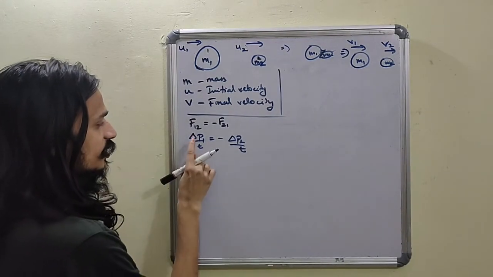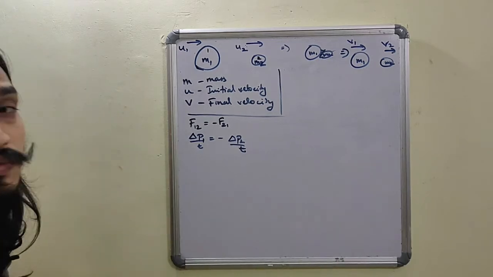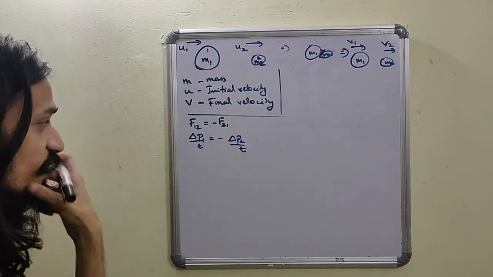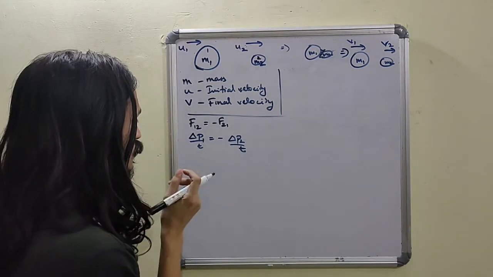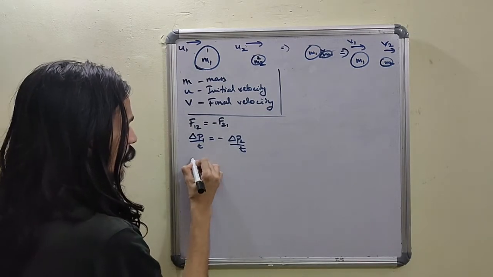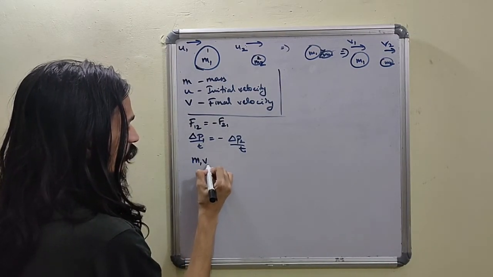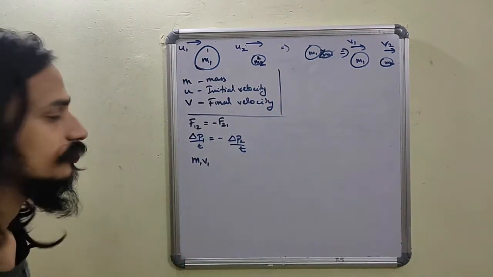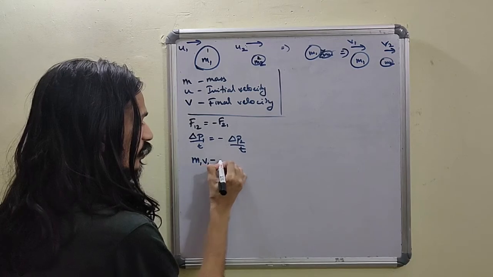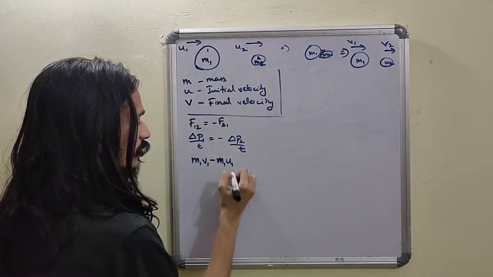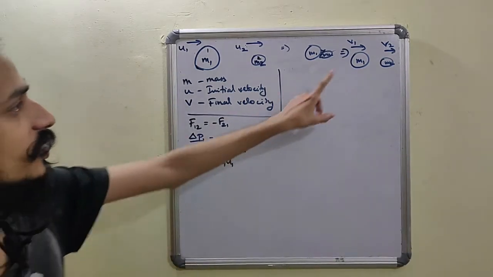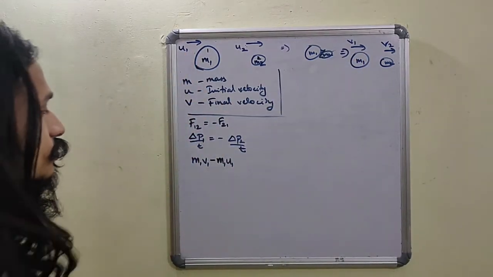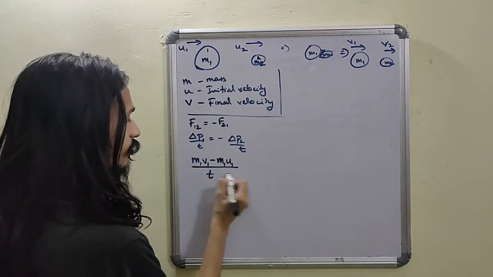What is the change in momentum for the first object? m1 v1 is its final momentum, minus m1 u1, the initial momentum, divided by time.